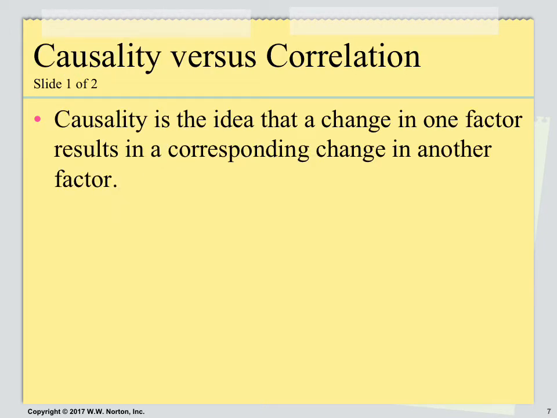So in sociology, like all the social sciences, we cannot always prove causation, but that is still the goal. Okay, so causation is very different than correlation, and I think you have probably heard this before. The difference between causation and correlation: correlation is simply a relationship or an association between two factors or two variables.